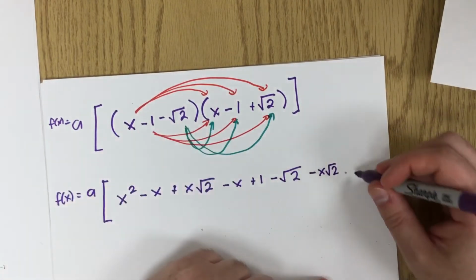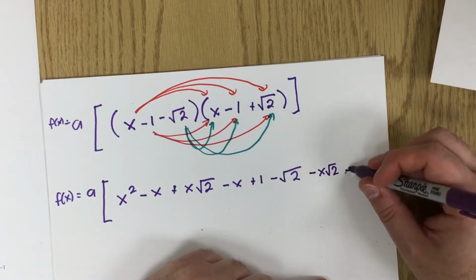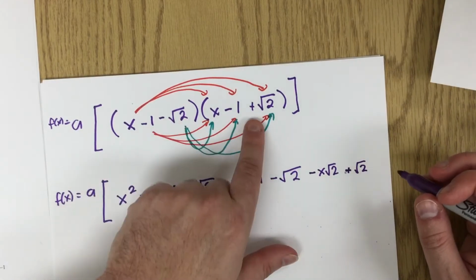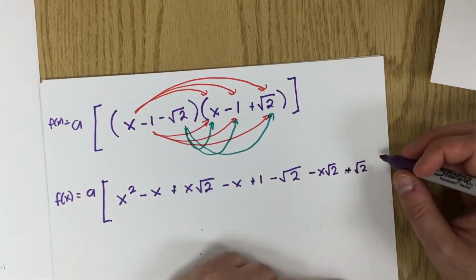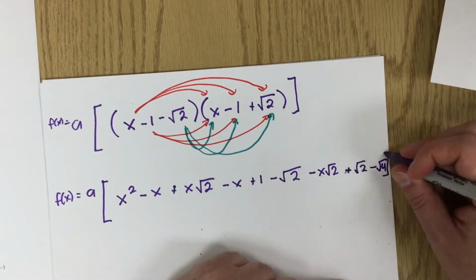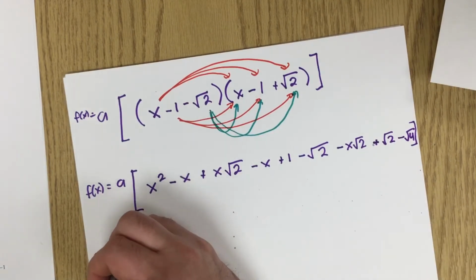Root 2 times negative 1 is, actually, plus root 2. And negative root 2 times root 2 is going to be minus root 4. Oop, I kind of ran out of space there. Okay.